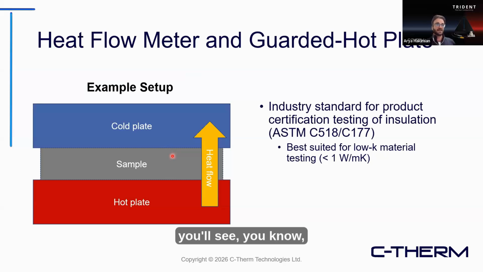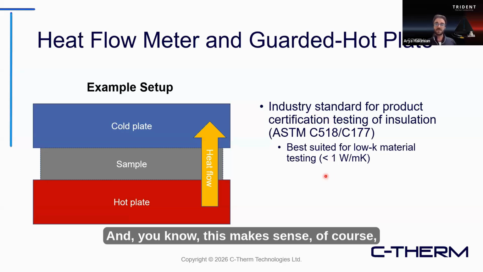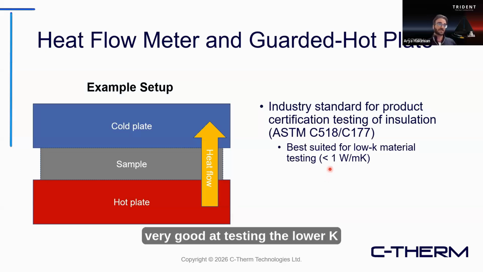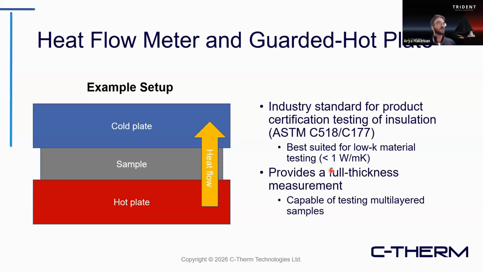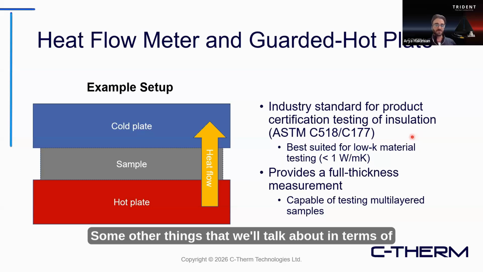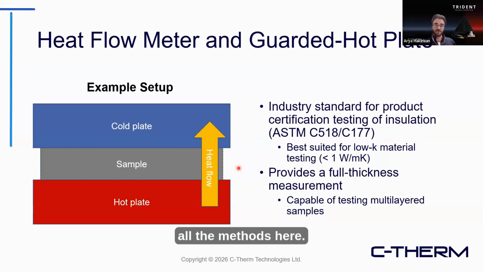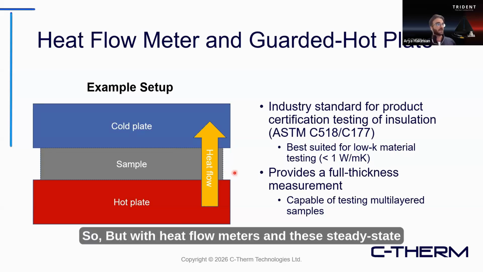Often you'll see ASTM C518 and C177 very commonly referenced, especially in insulation industries. This makes sense, of course, because these steady state techniques are very good at testing the lower K materials, the more insulative samples.